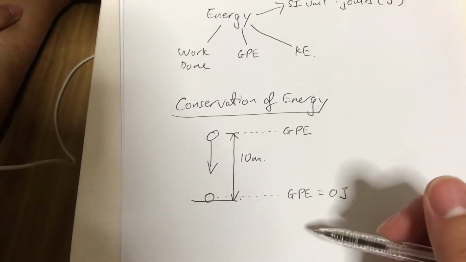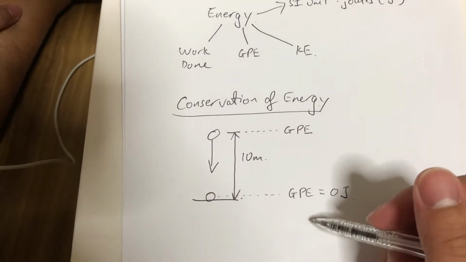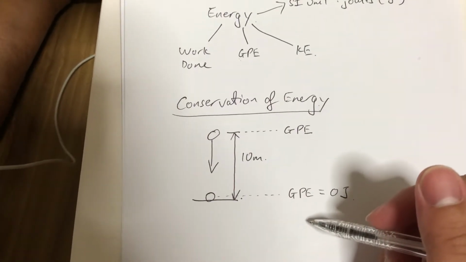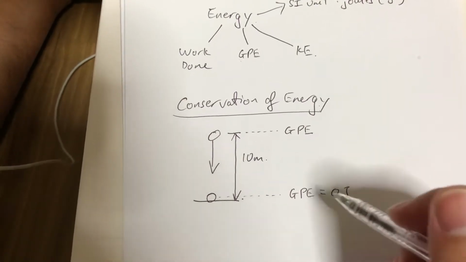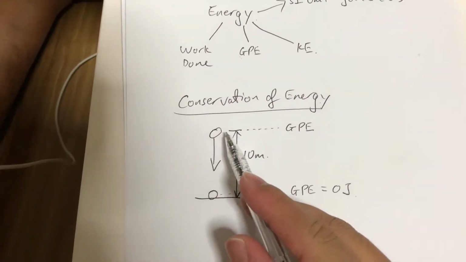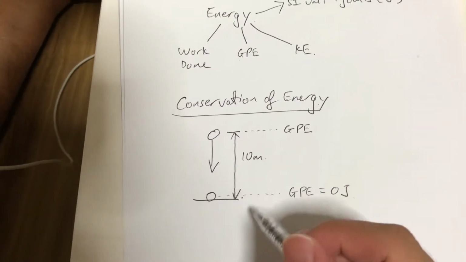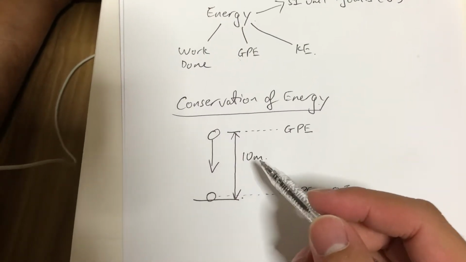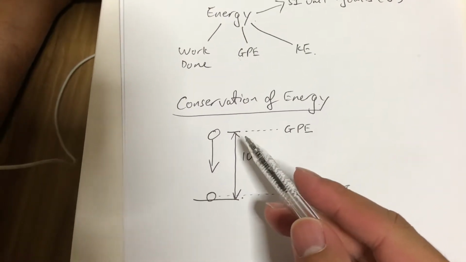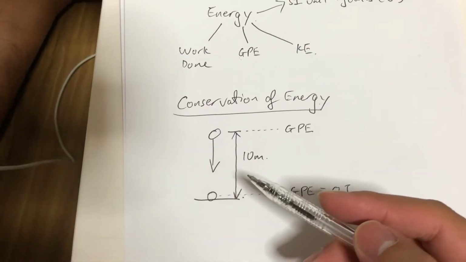Conservation of energy is a little bit abstract, but I do hope that this simple example will help you a little bit. Let's talk about a ball being held at the start. A ball is being held 10 meters away from the ground. What do you think is the energy present at that moment when the ball is being held?